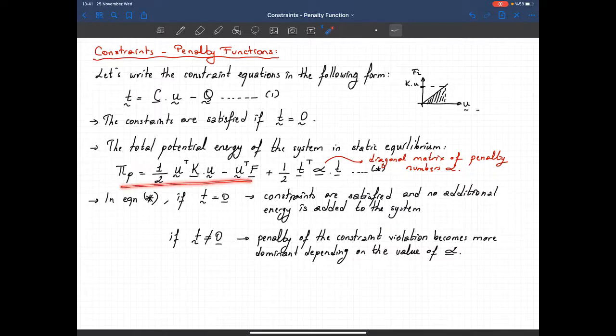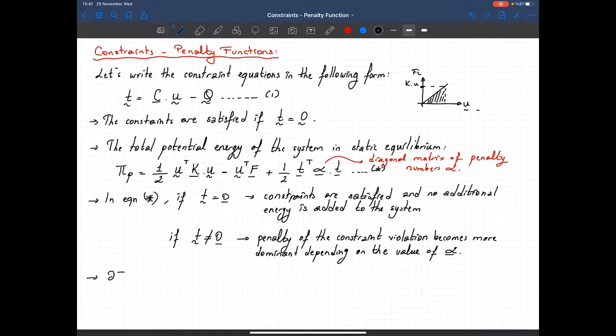So I want to have this to be minimum, so that the equilibrium condition is satisfied. What I'm going to do is this: I want to have the total potential energy to be minimum. In other words, the derivative of this potential energy with respect to displacements must be equal to 0.